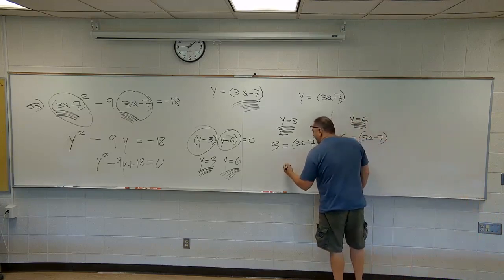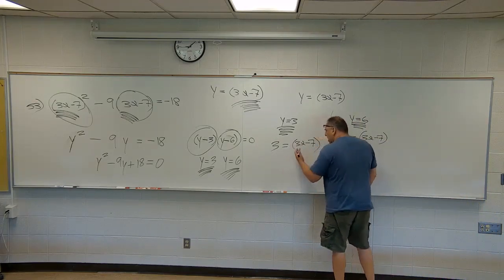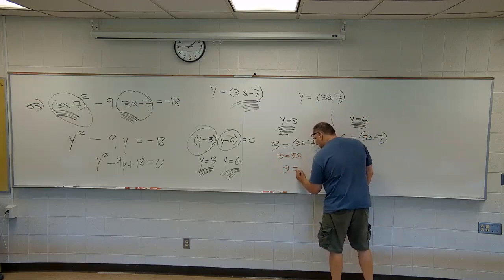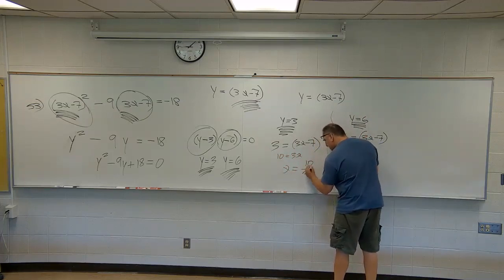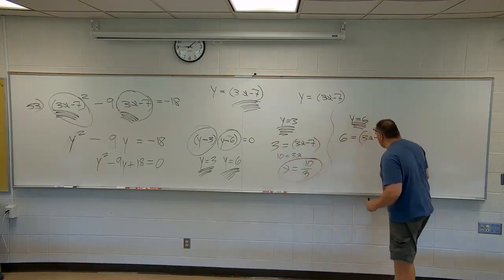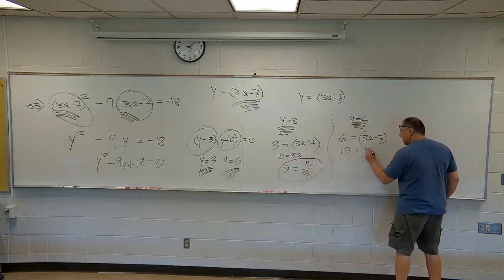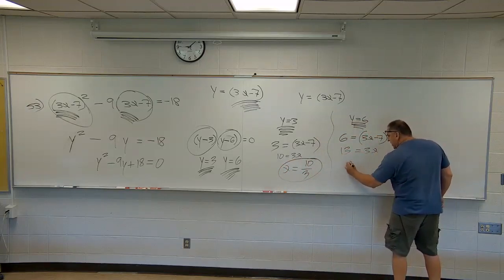Let's solve for x. Add 7 on each side. Divide by 3. Add 7 on each side. Divide by 3.